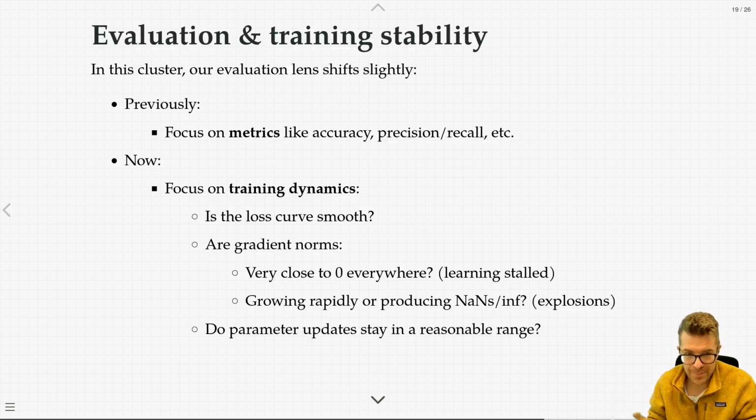That's also bad. So looking at the norms is a way we're going to diagnose these kinds of problems if my losses are not good or my accuracies are not good. And then indeed, are my parameters updating in a reasonable range? This is something subsequent to doing an analysis of the gradient norms.